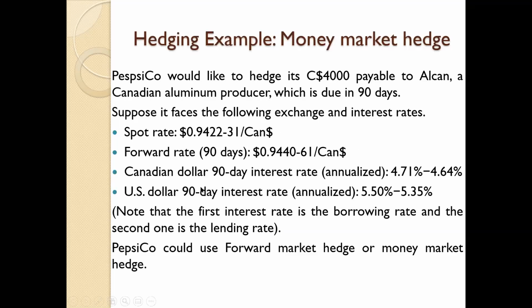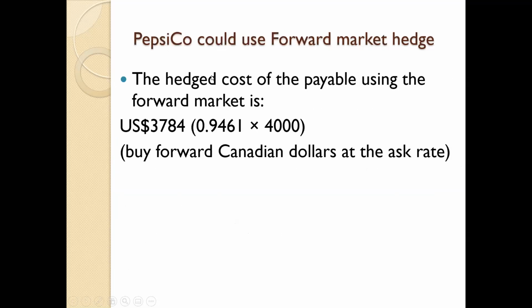Now remember, you have to consider this rate, right? Because that is your buying rate, in terms of the bank selling rate. Then for the payment, in order to make Canadian dollar 4,000, in US dollars the trader has to pay US dollar 3,784. How do we get that amount? 0.9461, that is your forward rate, the trader's forward buying rate, multiplied by 4,000, right?